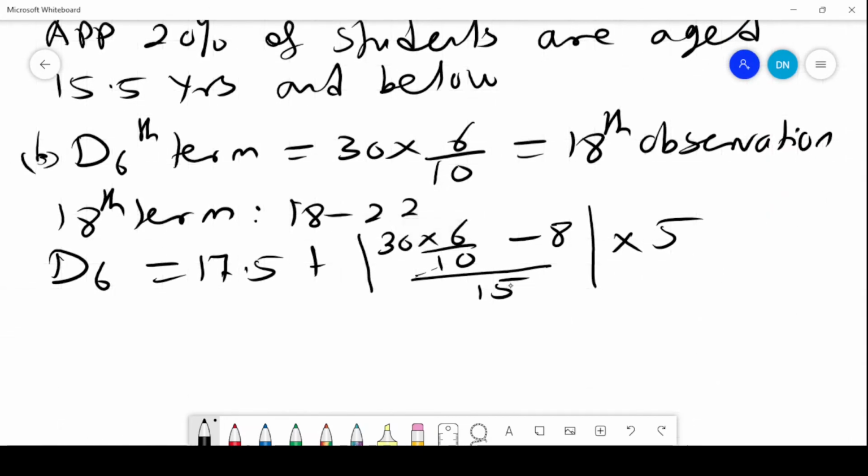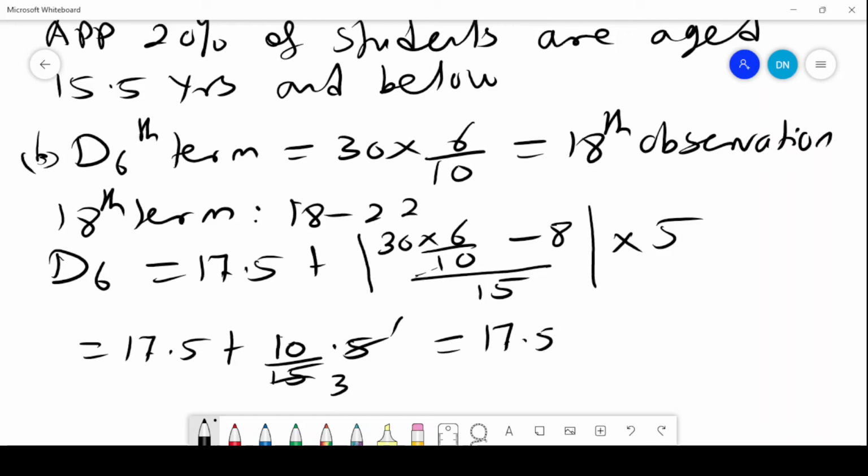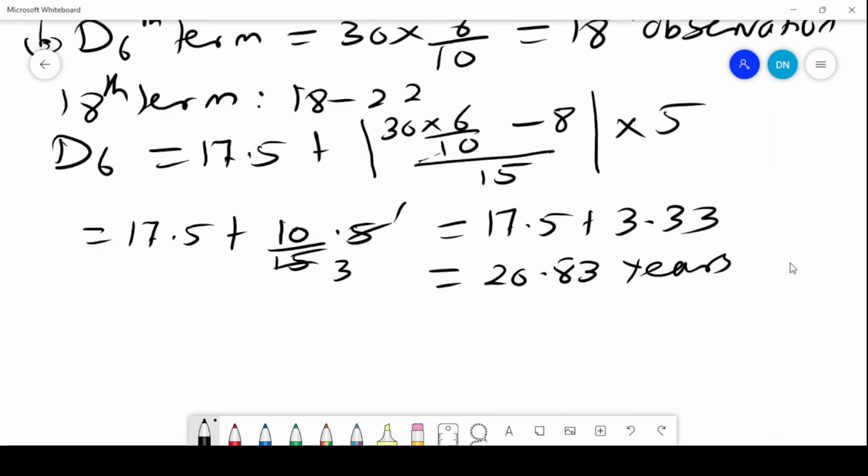And therefore, this will give us 17.5 plus 18 minus 8 is 10 over 15 times 5, which is 17.5 plus 3.33, which is 20.83 years.